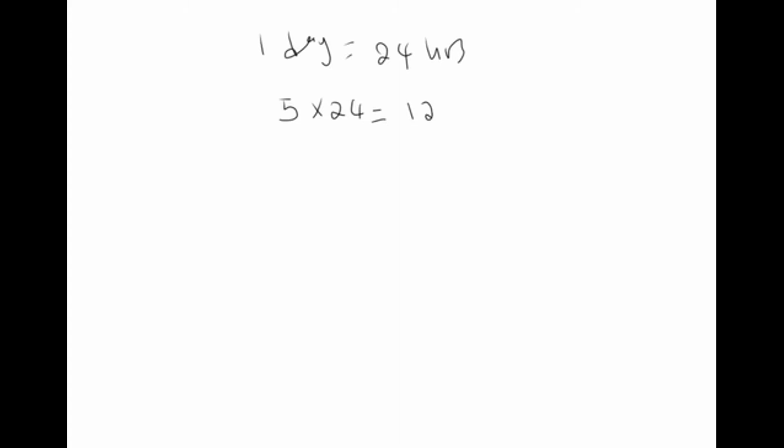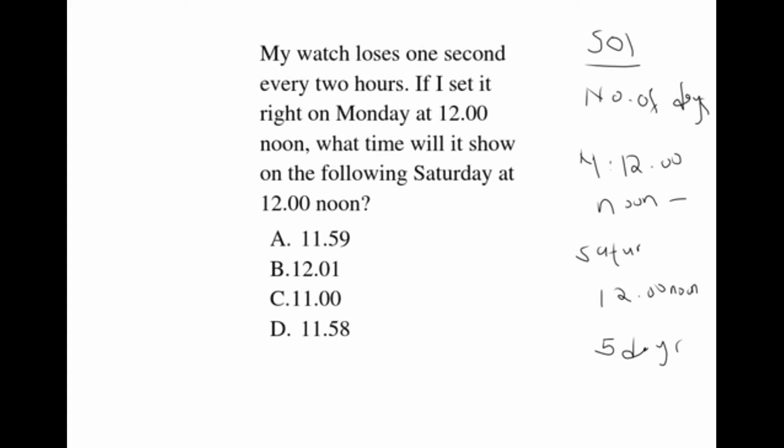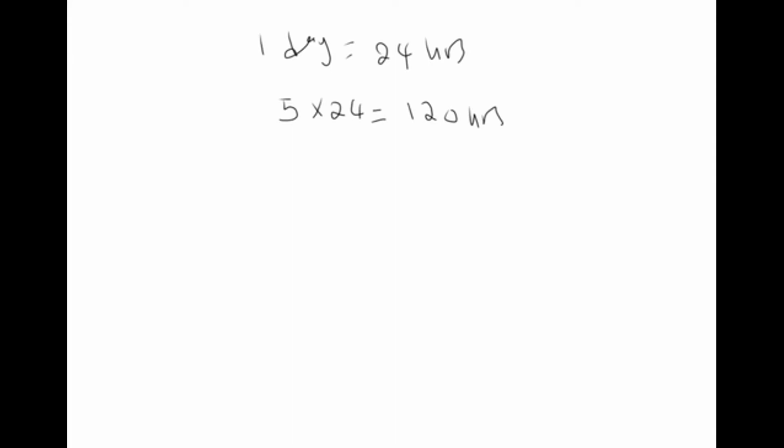We have 120 hours. Then our question tells us that my watch loses 1 second every 2 hours. Therefore, divide 120 by 2. We get 60.